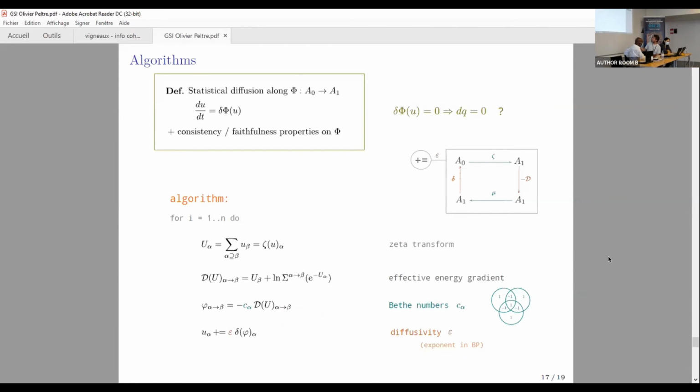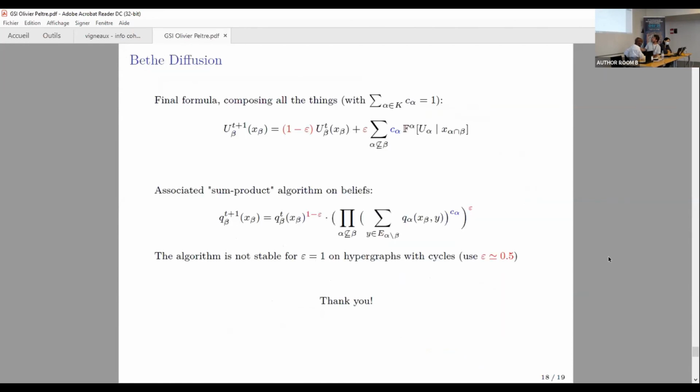Because then when you look at the usual algorithm, these are the more usual formulas that are written at the level of beliefs. They are called the sum product algorithm, because you have to marginalize local probabilities and then take a product. And this diffusivity coefficient here acts as an exponent. And it's very important.